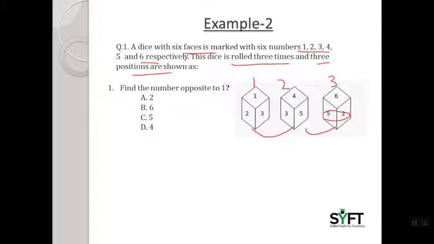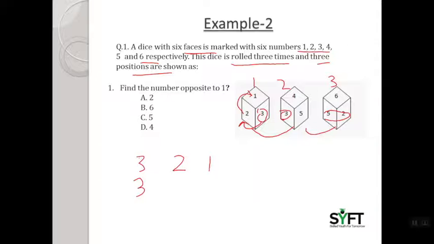So in the first roll and second roll, when we are comparing, let's find out the position. The position is 3 here, at 3 and 3. So we can write down 3 and 3 and again we start going clockwise. The next number clockwise from 3 is 2 and the next is 1.